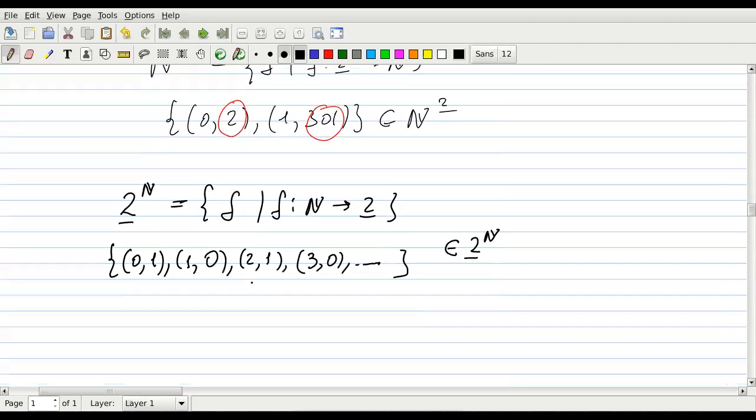What is this function? It is infinite. But what is the main idea? 1 if it's even, 0 if it's odd. So it is 1 plus the remainder. So this is just the set of all such pairs where y is 1 plus this remainder.